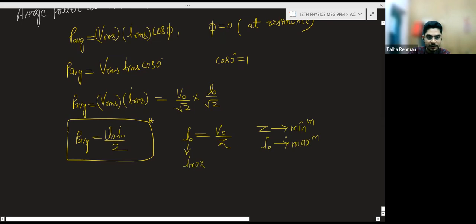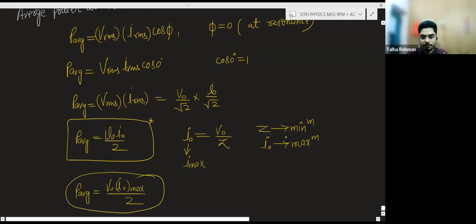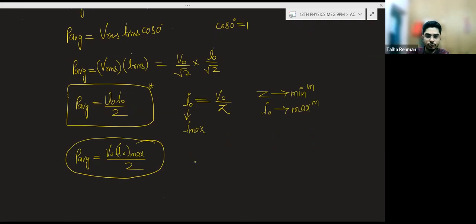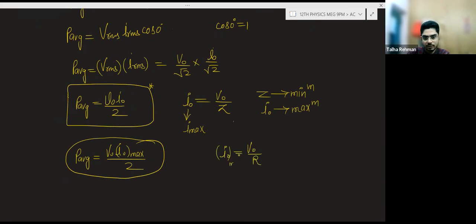So you can write the average power as V naught and I naught max divided by 2. And you know that I naught is equal to V naught by Z, and what is Z at resonance? R. So instead of I naught max, you can write V naught by R.